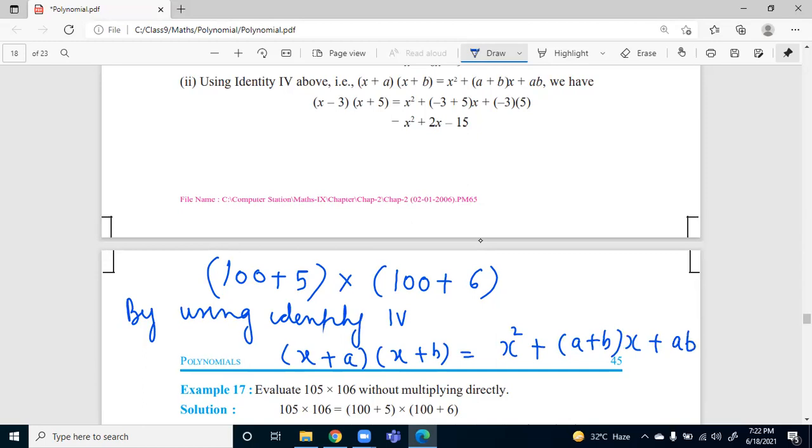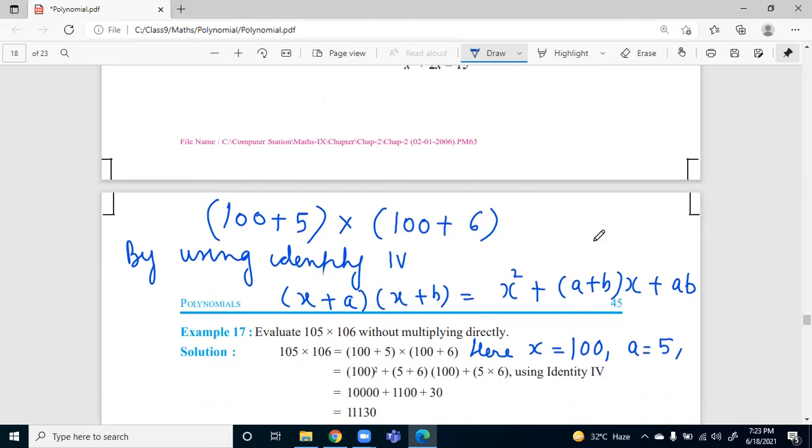So what is X here? 100. You are correct. X is 100. What is A here? 5. You are correct. A is 5. What is B? 6.